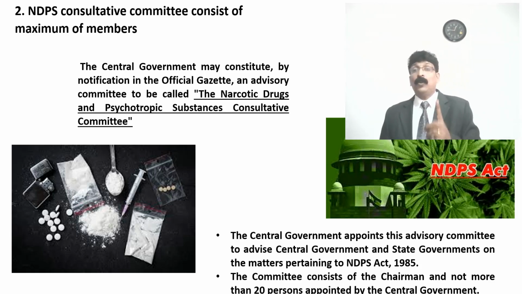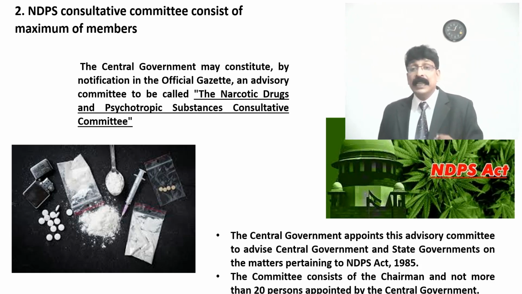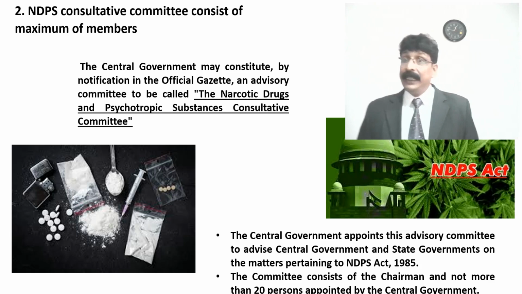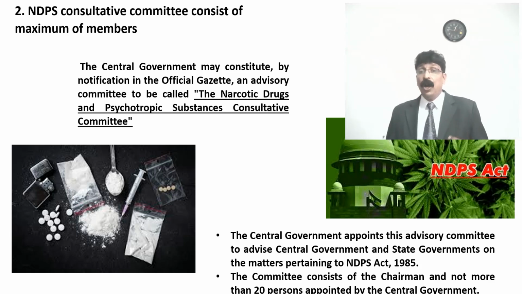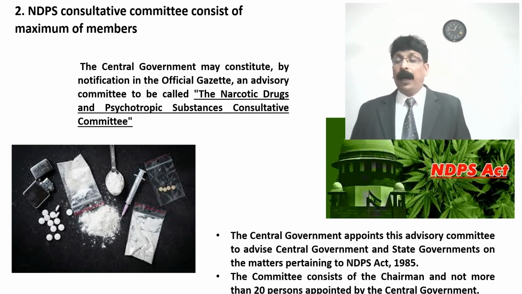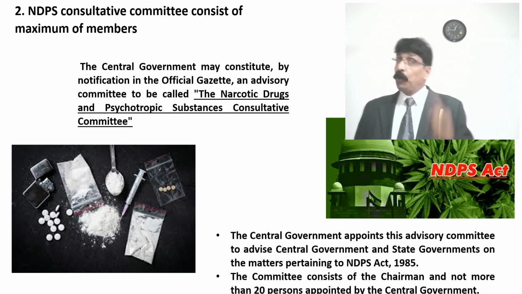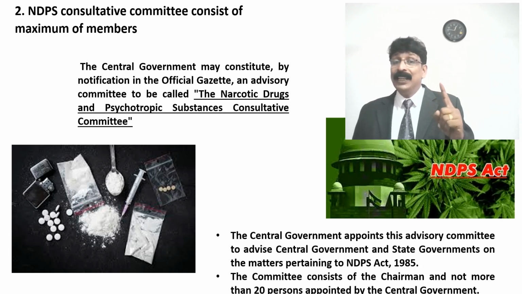NDPS. Don't forget, NDPS means the Narcotic Drugs and Psychotropic Substances Act 1985. The committee consists of a chairman and not more than 20 members appointed by the central government. So the question says maximum, not more than 20.